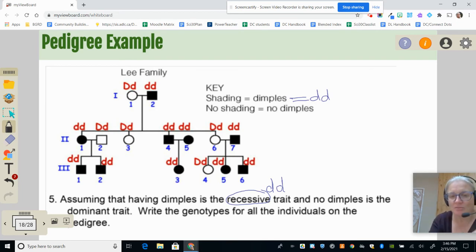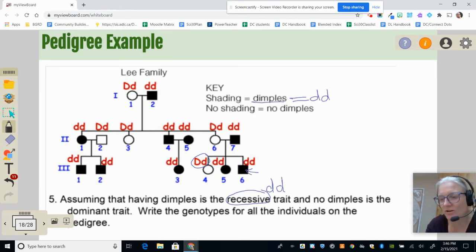Now this has been done, but how has this been done? How do we know that this number 4 is heterozygous, like big D and little d, or a carrier for dimples, and not just 2 big Ds? So we have to work backwards. If we look at those individuals that have the shading, they have dimples.